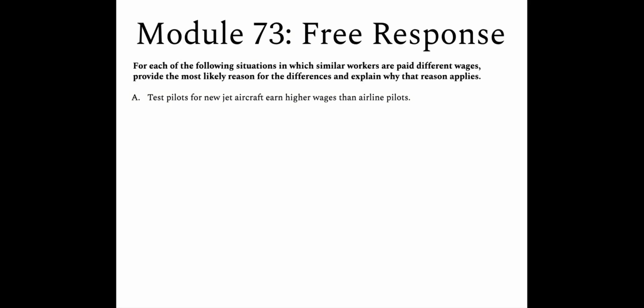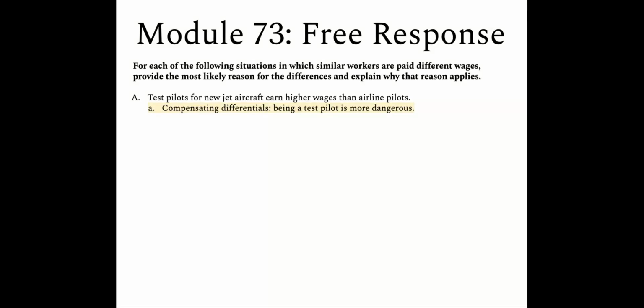Test pilots for new jet aircraft earn higher wages than airline pilots. You can pause and figure out why those people might get paid differently. Okay, so this is an example of compensating differentials. Being a test pilot is more dangerous than being an airline pilot.